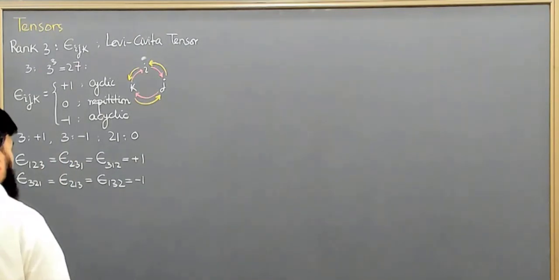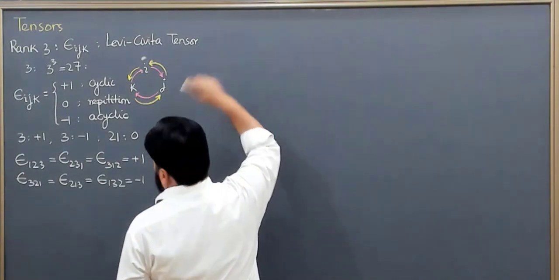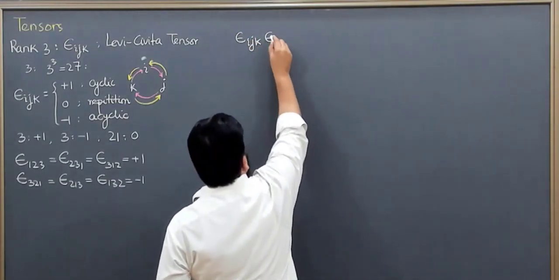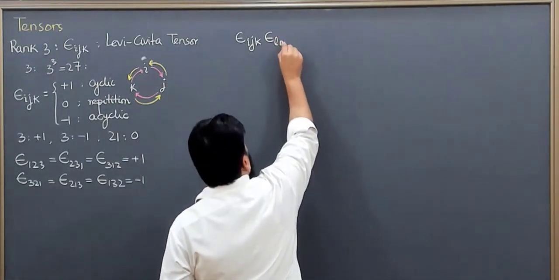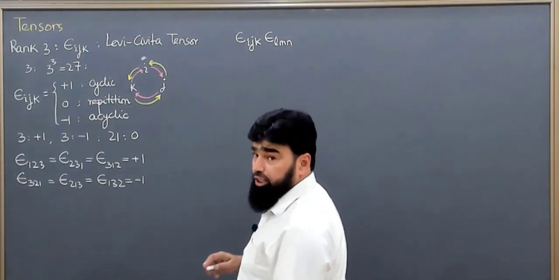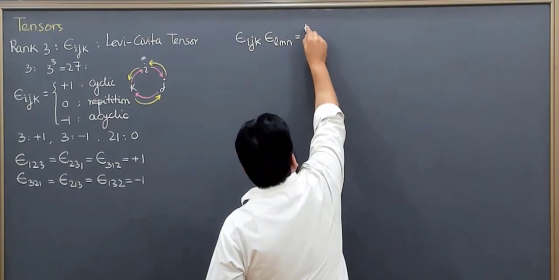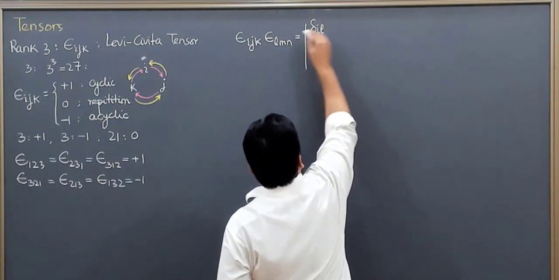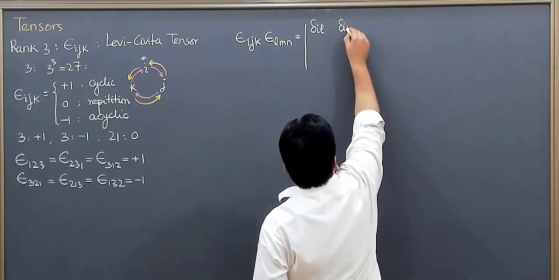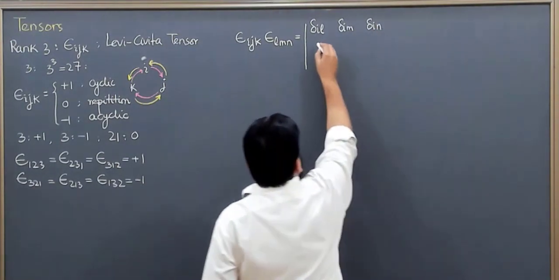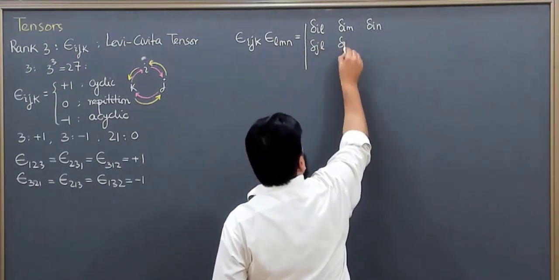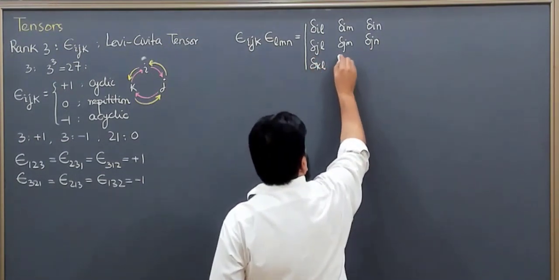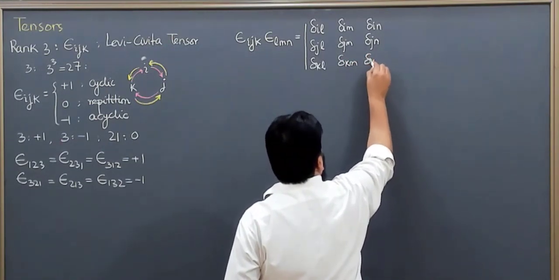If we have two epsilon tensors, one epsilon ijk and the other epsilon lmn, with three indices not matching each other, we write this in a determinant form with Kronecker deltas. This is equal to the determinant with first row delta il, delta im, delta in; second row delta jl, delta jm, delta jn; and third row delta kl, delta km, delta kn.